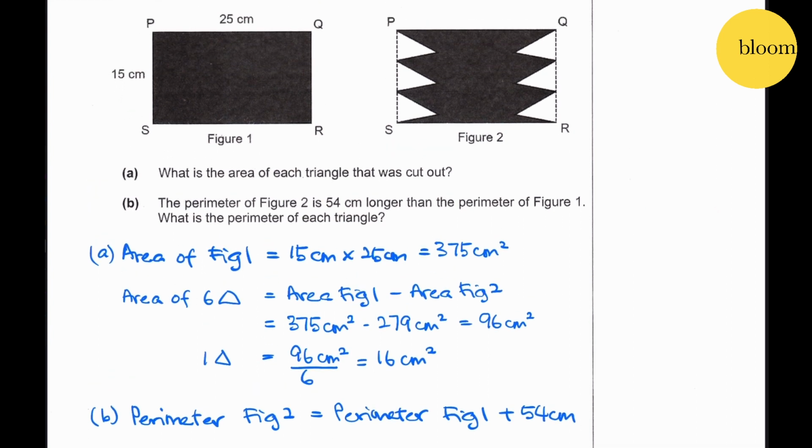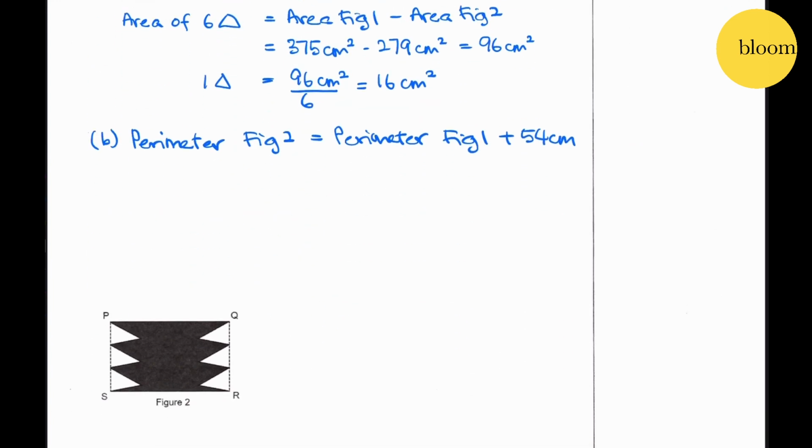So perimeter of figure 1 is 15 plus 25 plus 15 plus 25, add with 54, which gives you 134 centimeter.